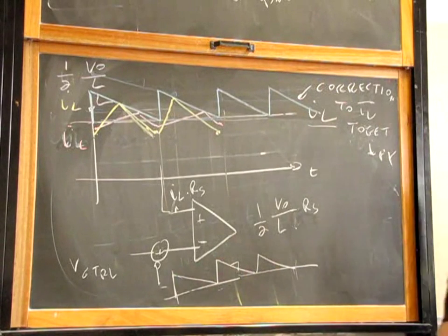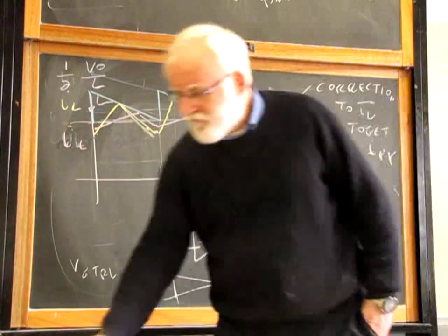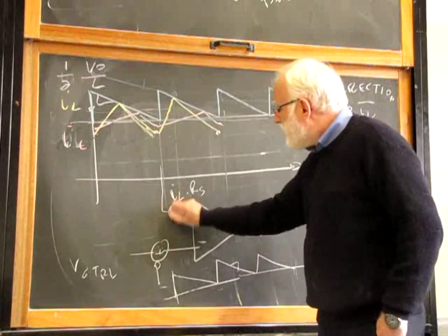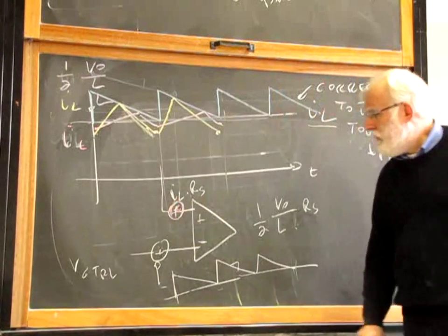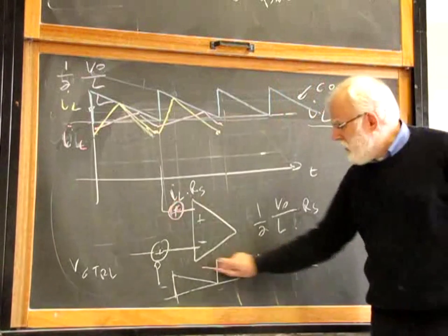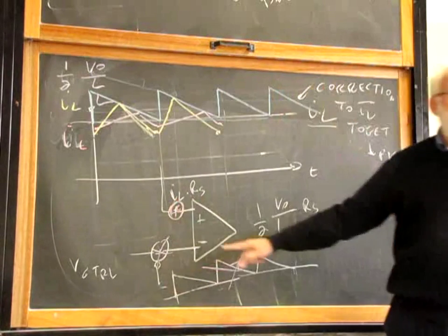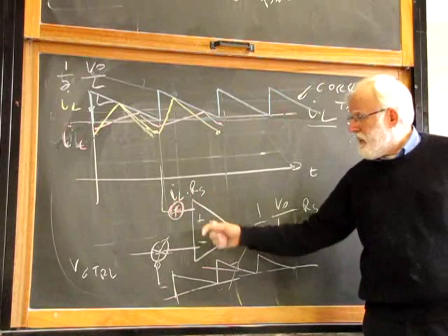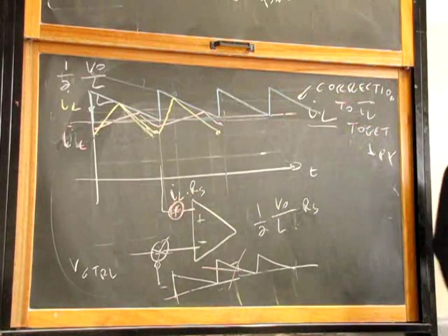What is preferred is to add a compensation ramp on the other side. That means we don't use this addition on the control side. We add the compensation ramp on the other side of the comparator.